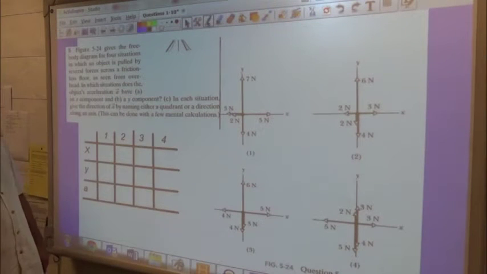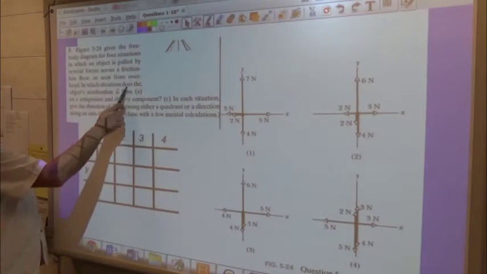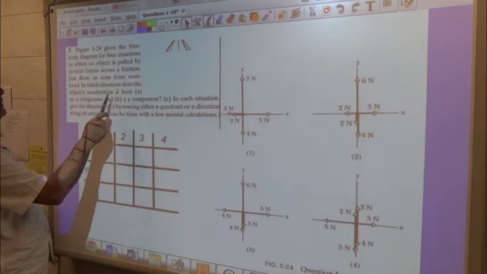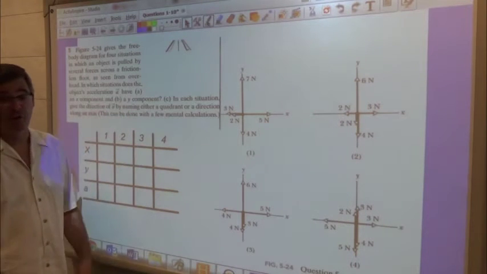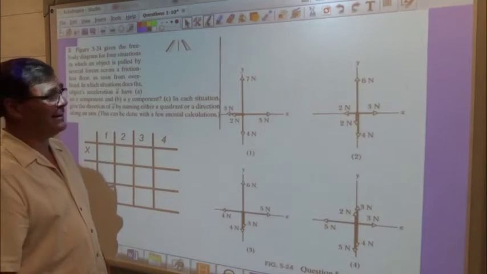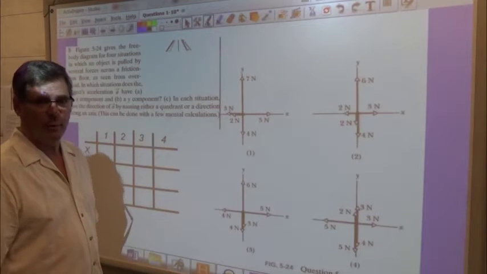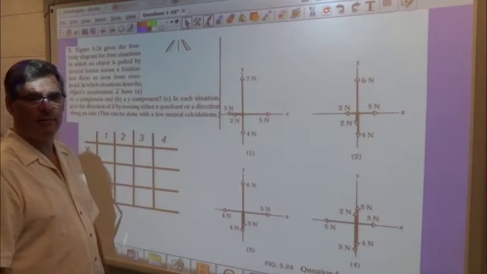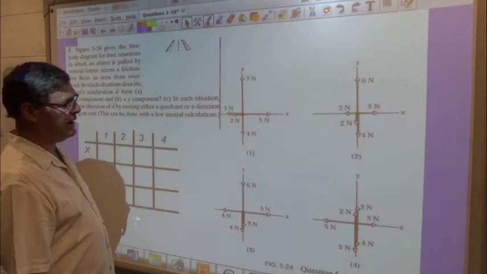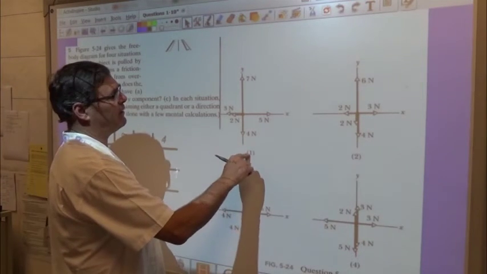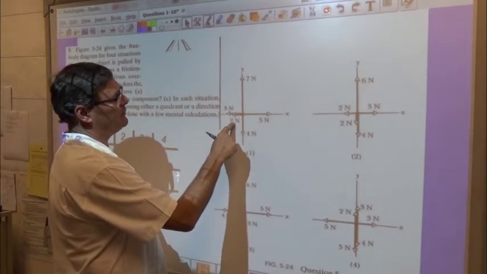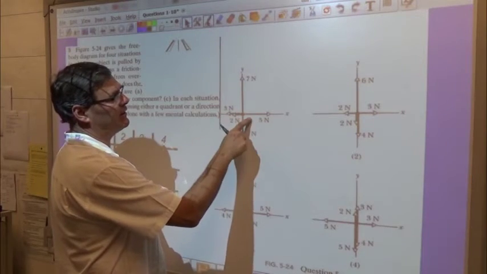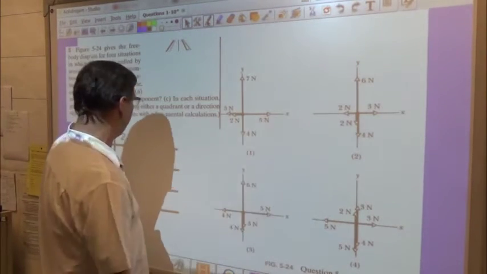Question number 5 asks, in which situations does the object have acceleration in the x and the y directions? So acceleration is related to net force, so that's what we have to do. We have to find the net force in the x direction and the net force in the y direction. So for the first diagram, I have 3 and 2, that's 5 in the negative x, and plus 5 in the positive x.